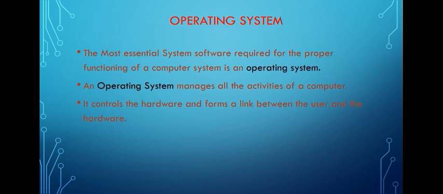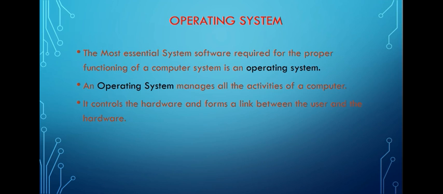So, whenever we give any instructions through these hardware, the operating system understands the instruction and makes the hardware perform the task for you as you have instructed the computer to do.